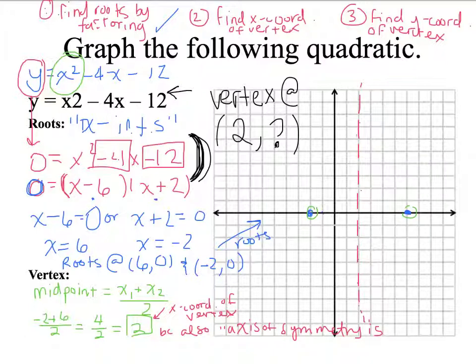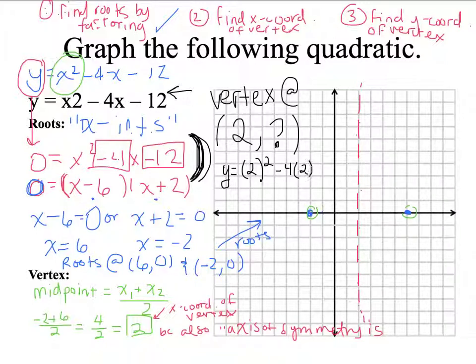because if I change the slide, it'll stop recording. So we have y is what we're looking for, and we're saying, okay, well, our x-coordinate needs to be 2 for it to be in the middle, which is where our vertex is along the axis of symmetry.